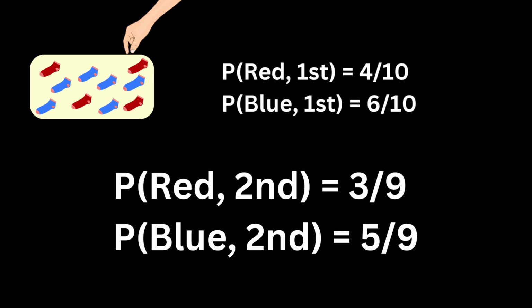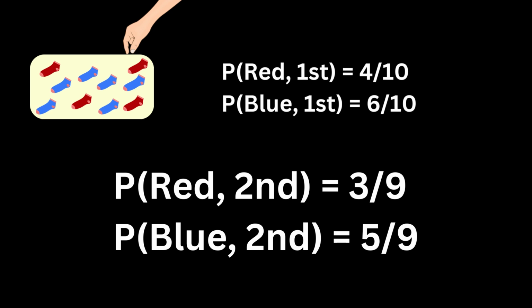Now, with one red sock already chosen, there are only 3 red socks left in the drawer and a total of 9 socks. So, the probability of picking another red sock is 3 out of 9. It's lower because there are fewer red socks left relative to the total socks in the drawer.